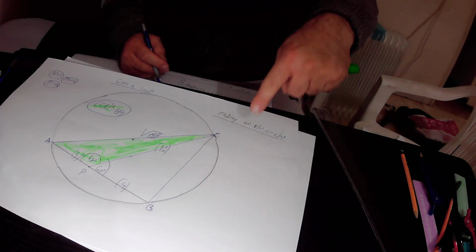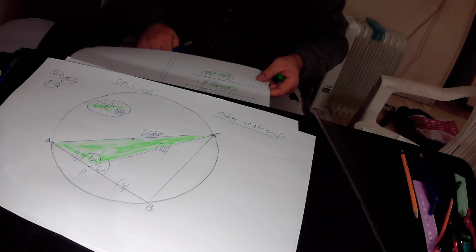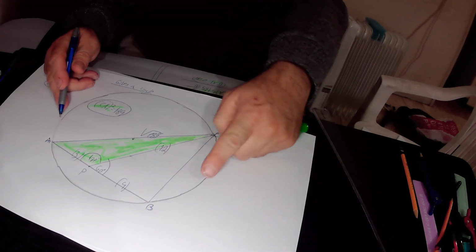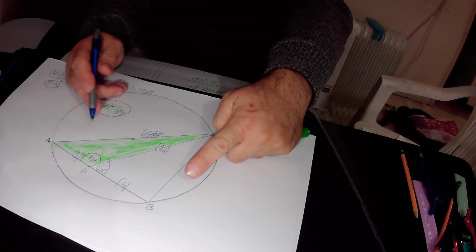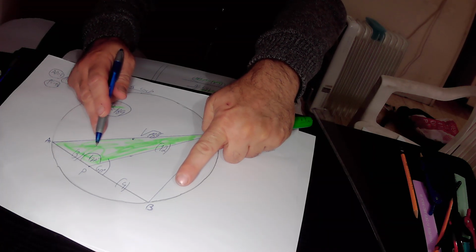CB is the missing side, so we leave it as it is. CB squared equals PB squared. PB is 4, therefore PB squared is 4 squared, that is 16.